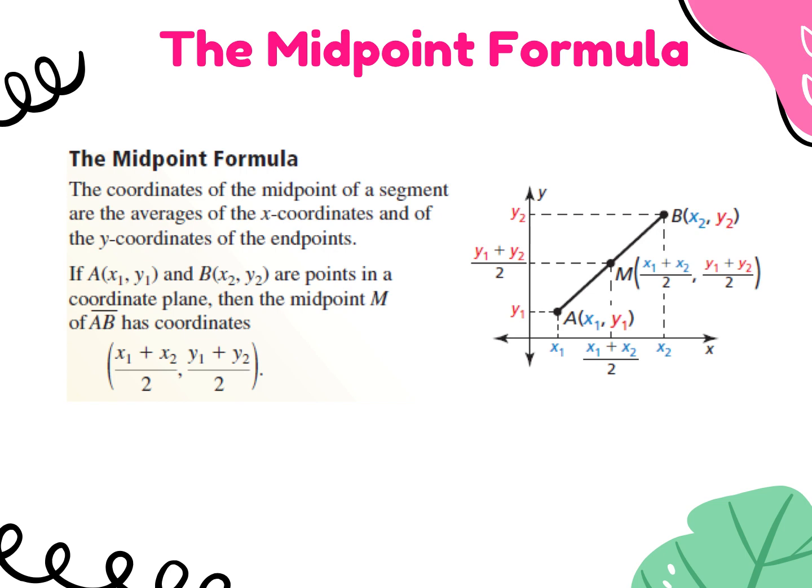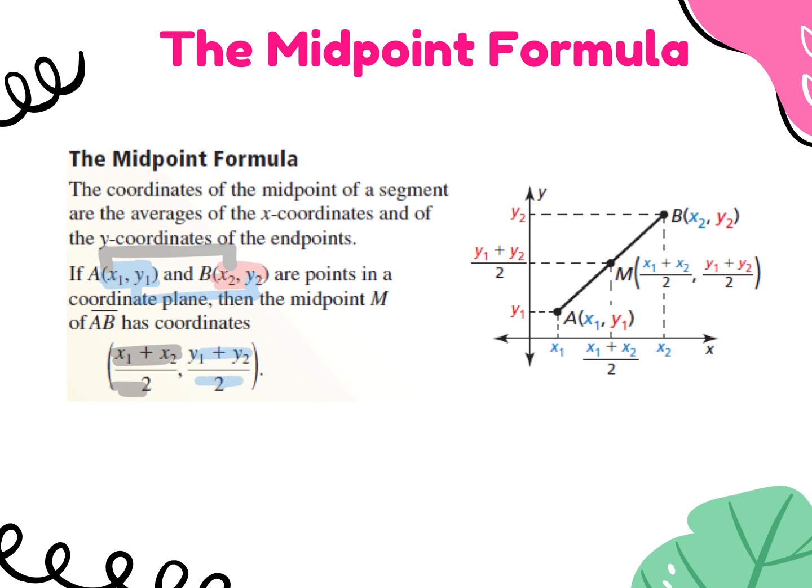Now, notice the little 1s and 2s. So this x1, y1 right here, this is just like a label, the little 1. So this is ordered pair number 1. This could be ordered pair number 2. And when you want to find the midpoint, you're just going to take the two x coordinates, add them, and divide by 2. Then you're going to take the two y's, add them, divide by 2.